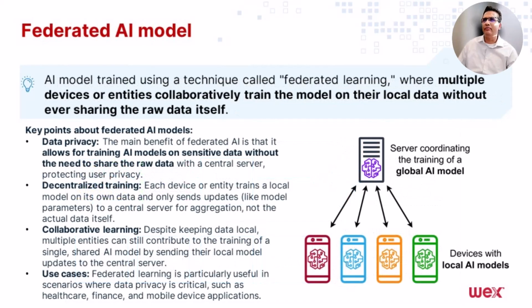There is one more called federated AI model. You'll hear this a lot. A federated AI model is essentially multiple devices or multiple systems working together collaboratively to train the AI model. For example, let's say in WEX there are three different business units, or not just business units, say three different departments, and those three departments have data that is private to them.